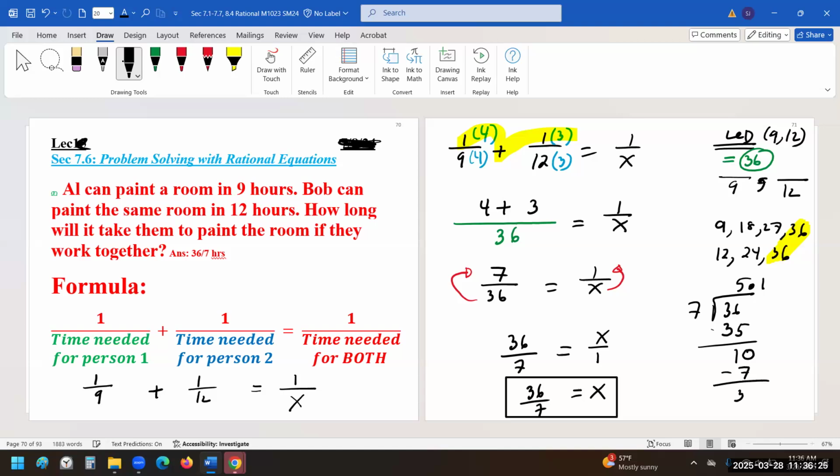We subtract, we get 3. So it's approximately 5.1 hours. Which is not bad, right? One takes 12 hours, another takes 9 hours. If you put them together, suddenly it takes only 5 hours.